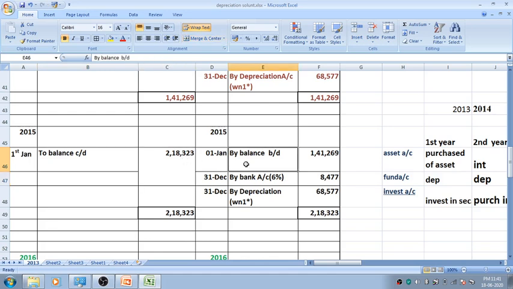Once you write the opening balance on 1st January, sinking fund will always have the opening balance on the credit side.